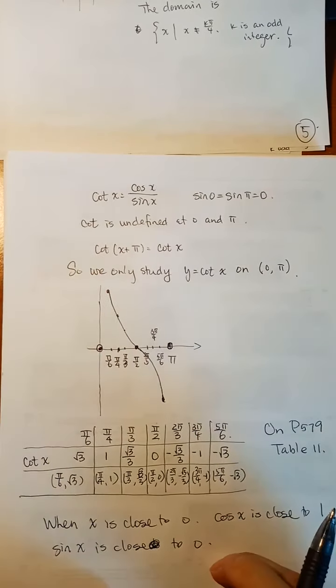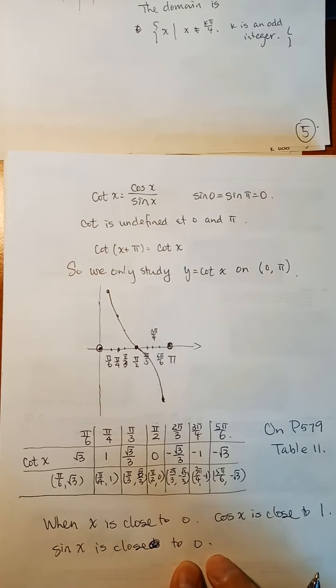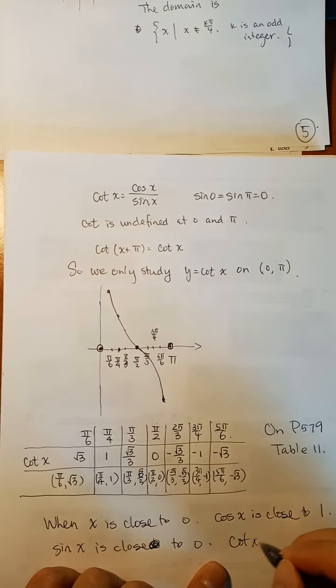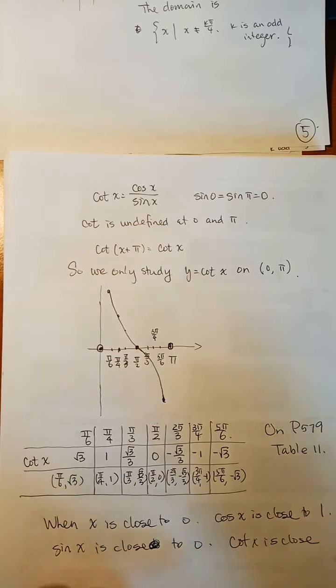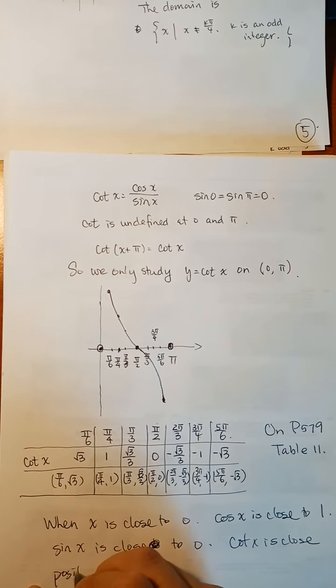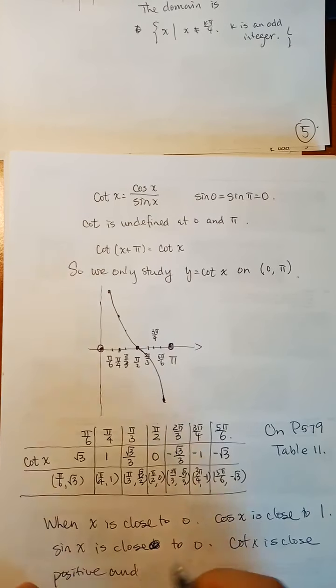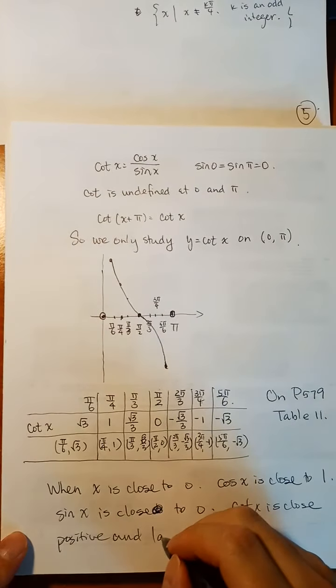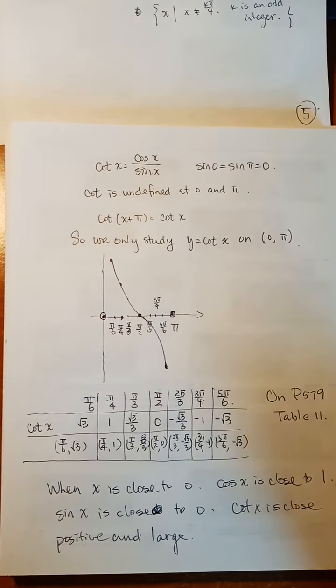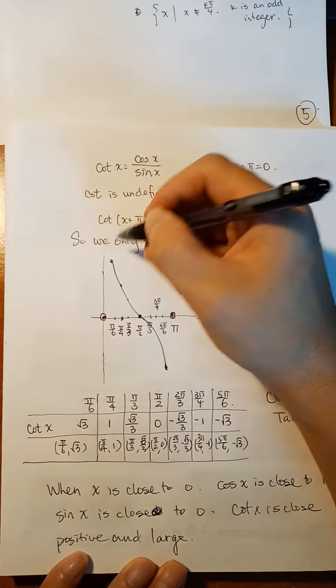So it is 1 over 0. So the cotangent of x is positive and large. You divide a non-zero number by almost zero, so you will make the value very, very large.